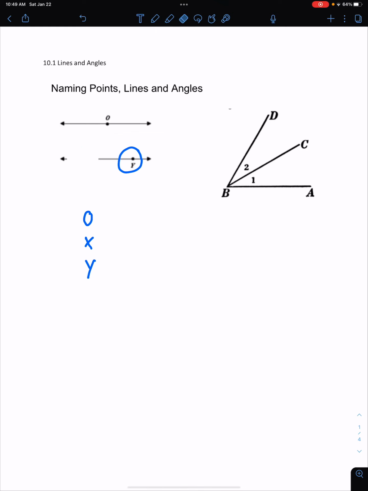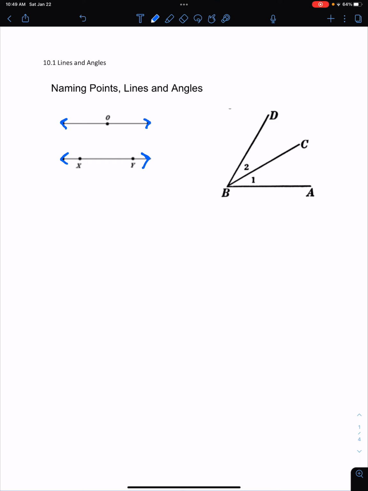Then we can also talk about lines. And one thing you notice about lines here is they have arrows at both ends. So it shows that they go on and on infinitely in both directions. They are two-dimensional objects.